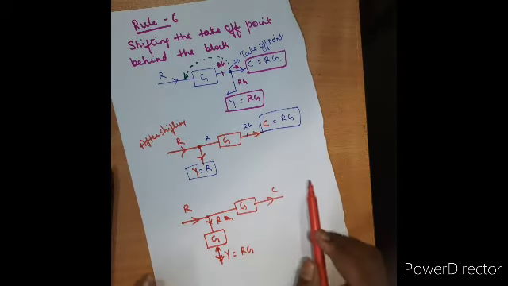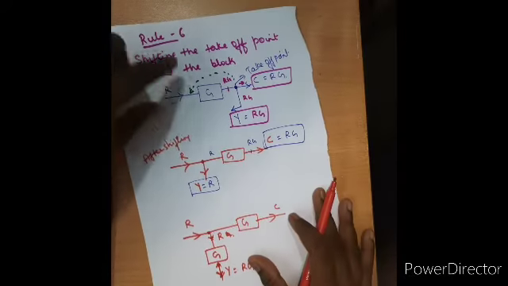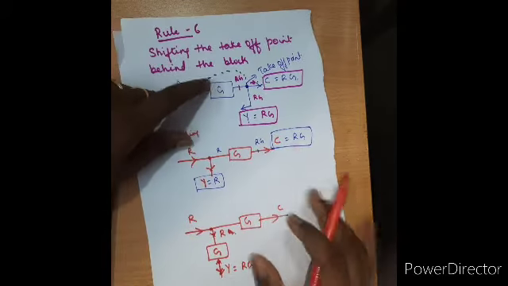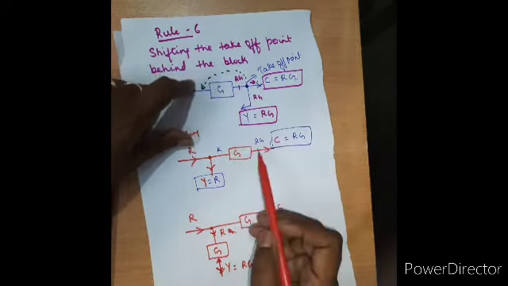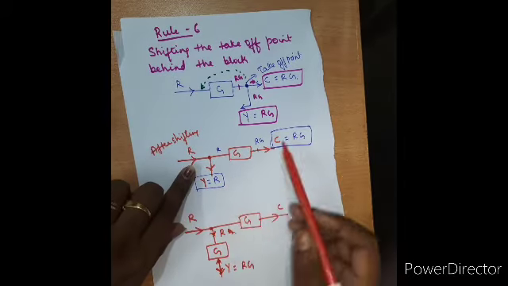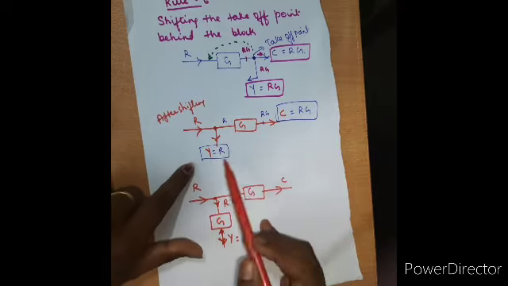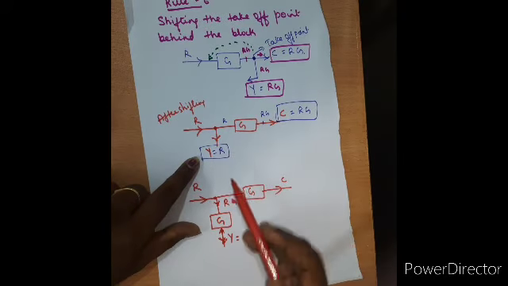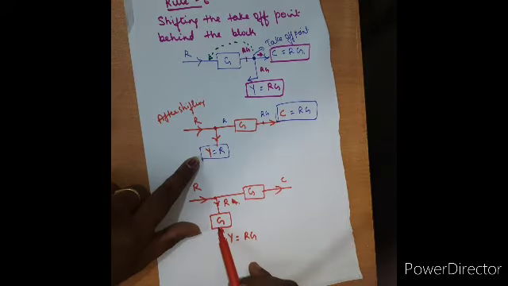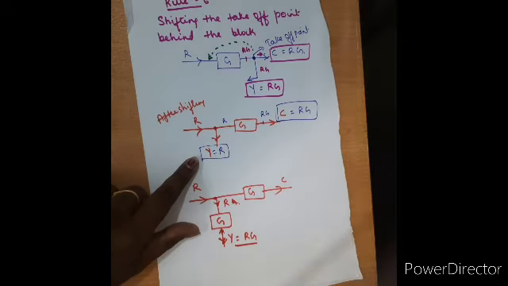That means when you are going to shift the takeoff point behind the block, after shifting, see the output, it is not the same. How to retain the output? This should now be multiplied by a block of gain G, then you will get this output.